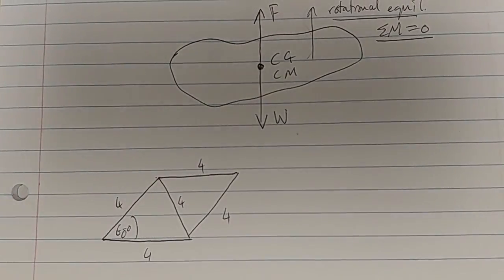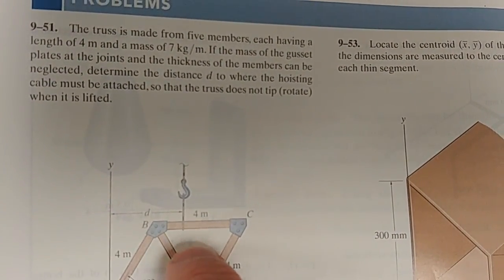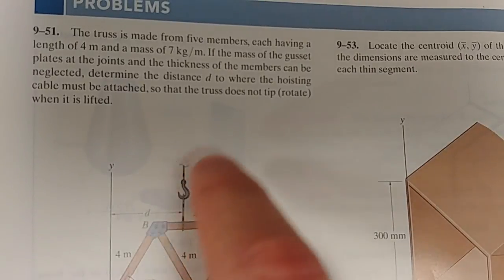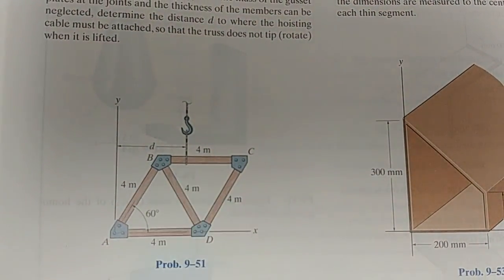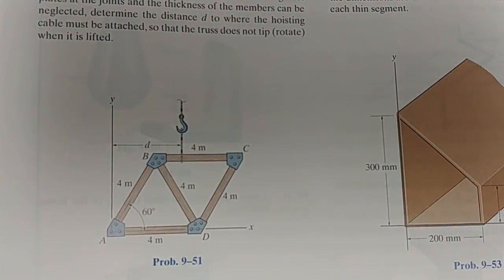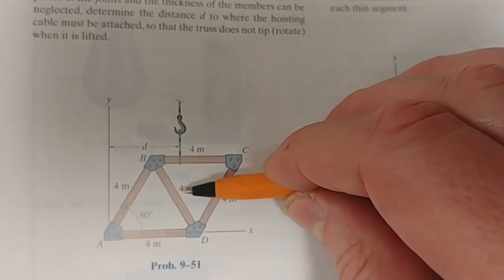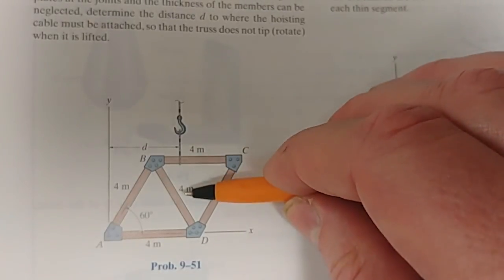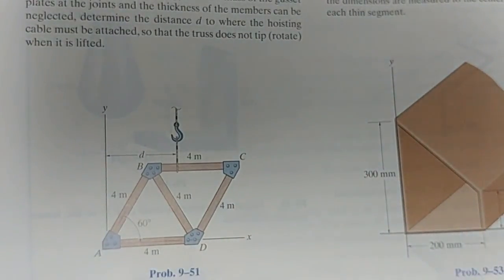And it's essentially asking where can we apply this hoist so that the truss does not rotate when it's lifted? Well, the only place you can apply that is directly above the center of gravity, the center of mass, even the centroid. Okay, I hope that's clear.